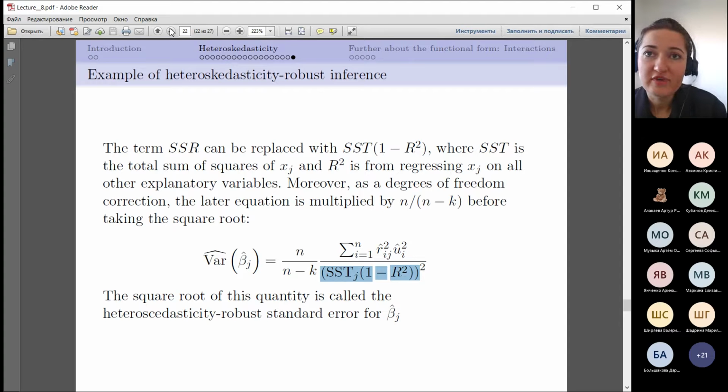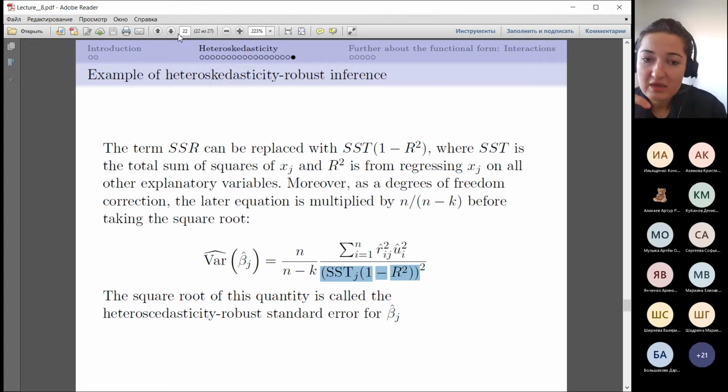This is the general approach, especially for large sample size. But you should also remember that one reason the usual standard errors could still be preferable in cross-sectional work is that if the homoscedasticity assumption holds and the errors are normally distributed, the usual t-statistics have an exact t-distribution regardless of the sample size.